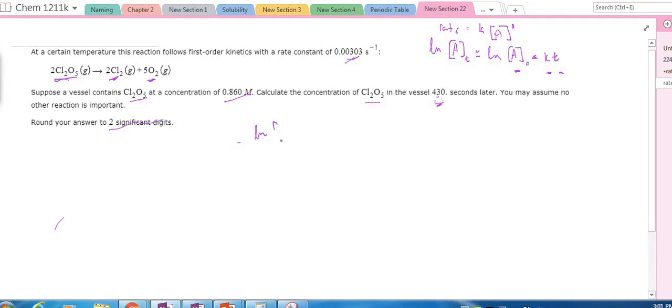So the natural log of A at a given time is going to be equal to the natural log of the initial concentration, which is 0.860 molar, minus k, which is 0.00303 per second, times the time, which is 430 seconds.